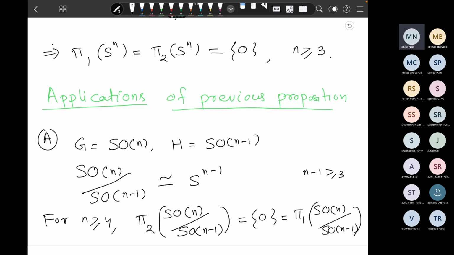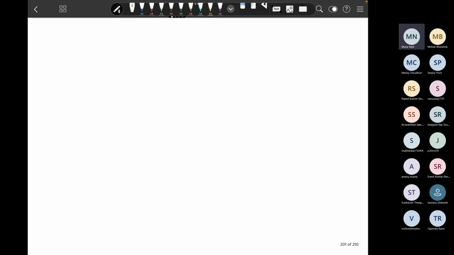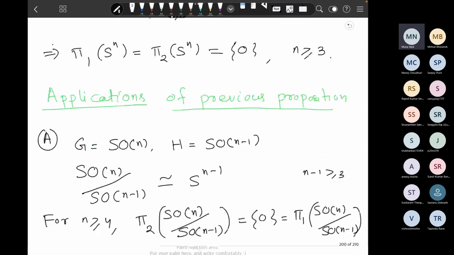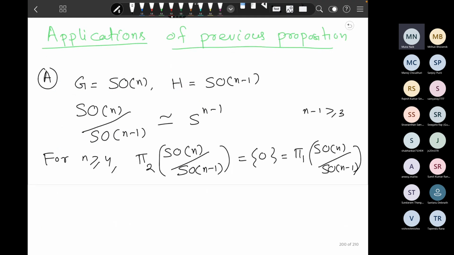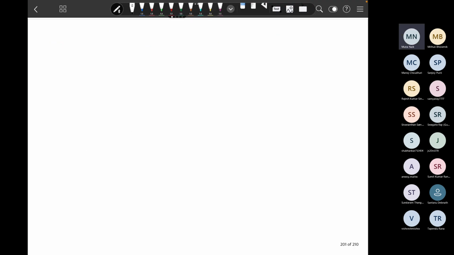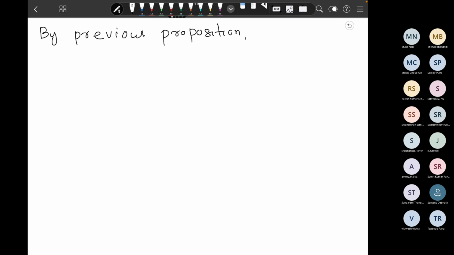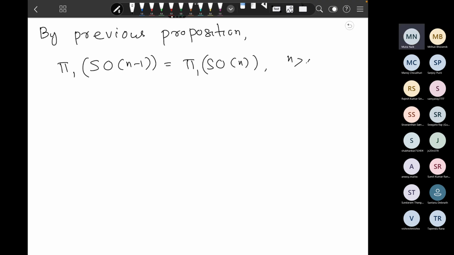So now I will apply the previous proposition for n greater than or equal to 4, because pi 2 and pi 1 are 0. By the previous proposition, remember H is equal to SOn minus 1, pi 1 of SOn minus 1 is equal to pi 1 of SOn for n greater than or equal to 4.